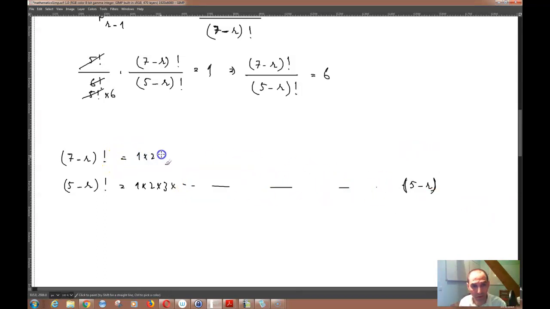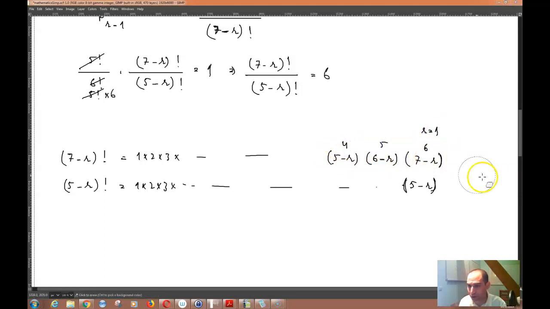So this is 1 times 2 times 3 times all the way up to 7 minus r, right? And then if I write 6 minus r here, and 5 minus r here, and take r equal to 1, then over here it is 7 minus 1, which is equal to 6. 6 minus 1 is equal to 5. 5 minus 1 is equal to 4, so this is right.